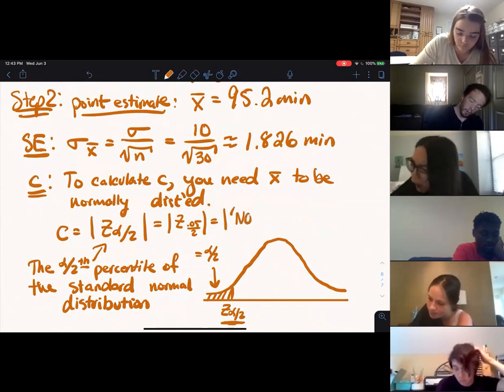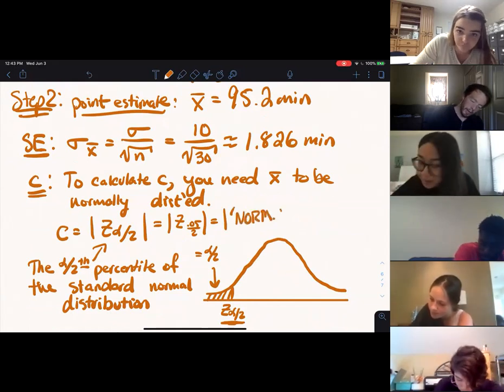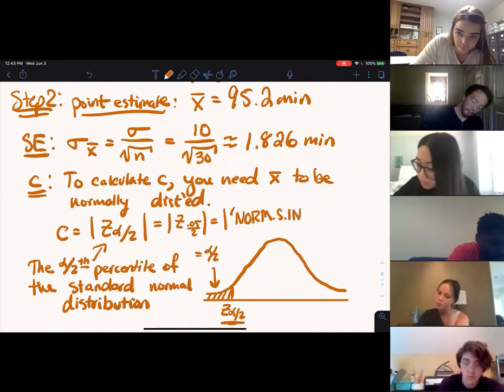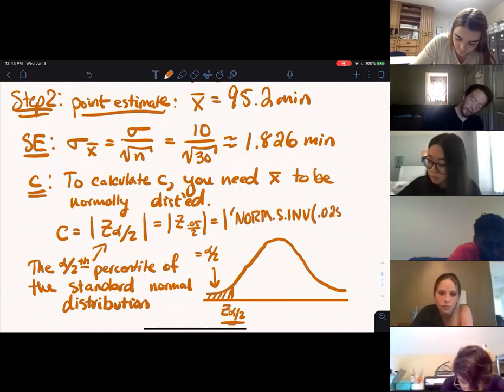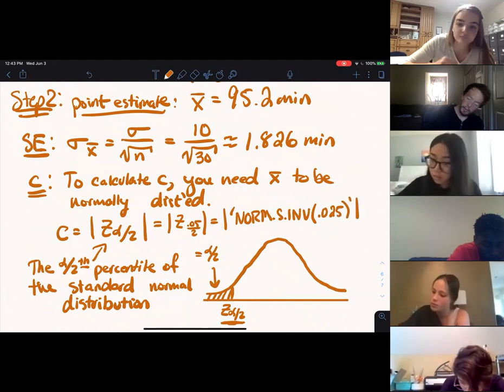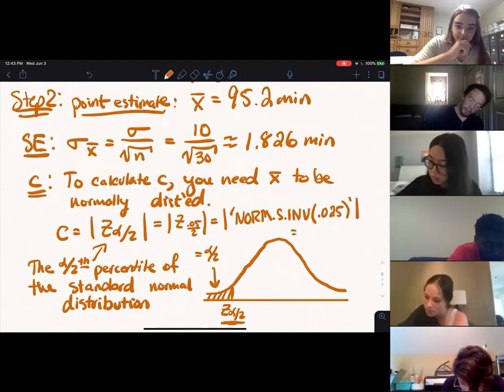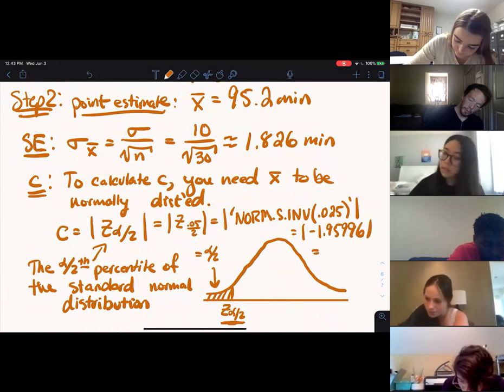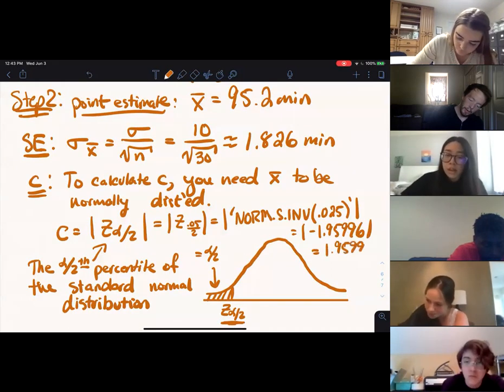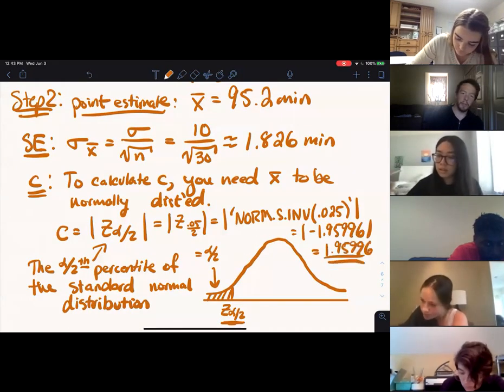So this is norm.s.inv of 0.05 divided by 2, which I think is 0.025, right? Which is going to be equal to the absolute value of negative 1.95996, or just 1.95996. Okay, so that's C.